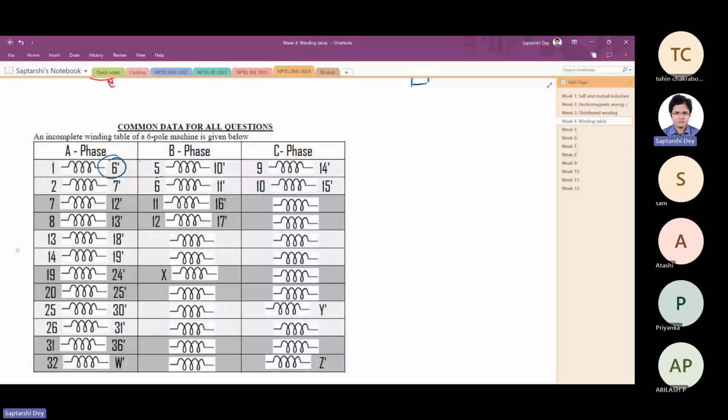These two coil sides are there in slot number 6. So clearly, this indicates that this is a double layer winding.